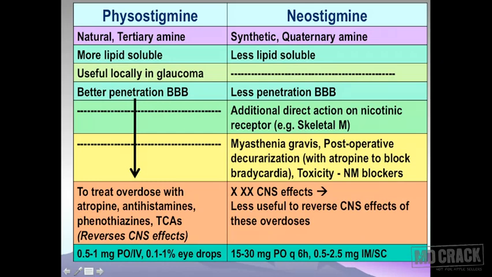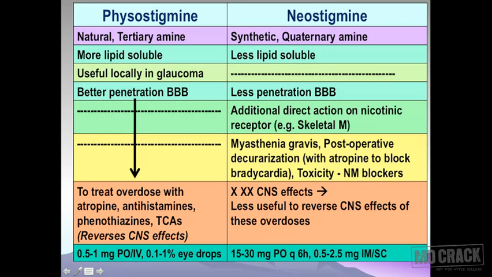Once you say the drug is a tertiary amine, this structure gives it some important properties. And the most important property which physostigmine gains is it becomes a more lipid-soluble agent. And because it's more lipid-soluble, it can penetrate the eye. So coming to the next row, it's useful locally in the management of glaucoma. And because it's more lipid-soluble, it can have better penetration across the blood-brain barrier.